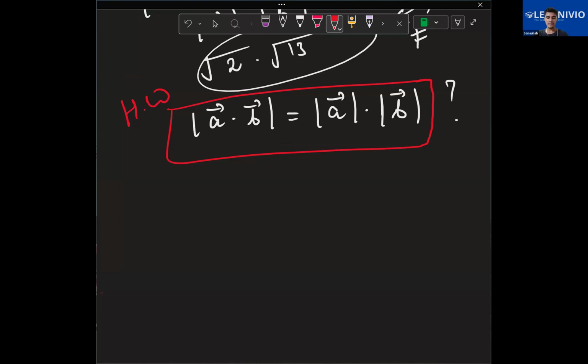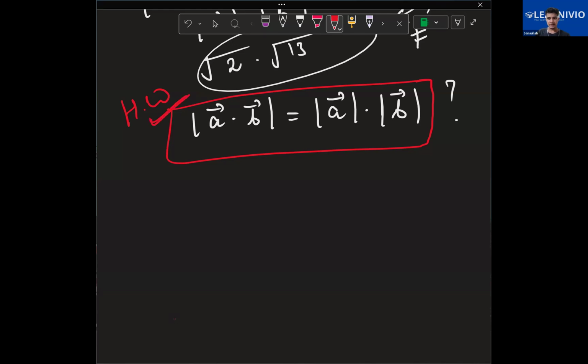Think, is this possible? Yes, sir. When is this possible? When this case is possible, tell me.